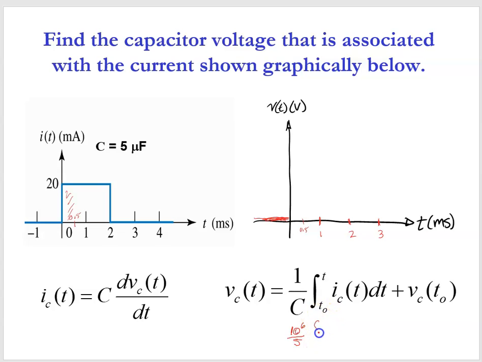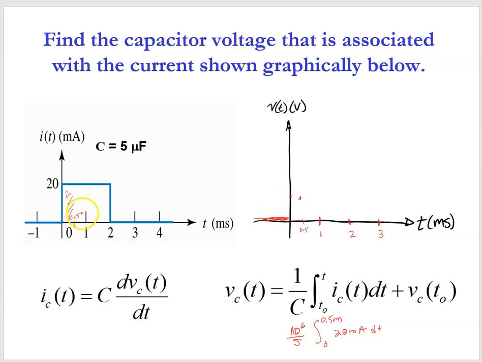And then if we're just integrating from 0 to 0.5 milliseconds of 20 milliamp dt, we're going to get 10 times 10 to the negative 6 times 10 to the 6 divided by 5. So we're going to end up with just 2, right? So we're going to end up with 2 here.